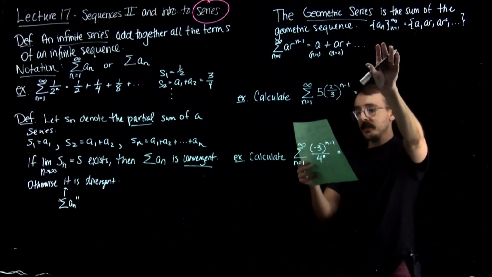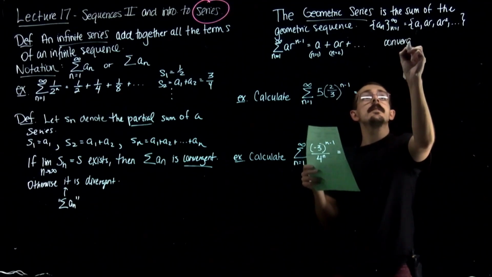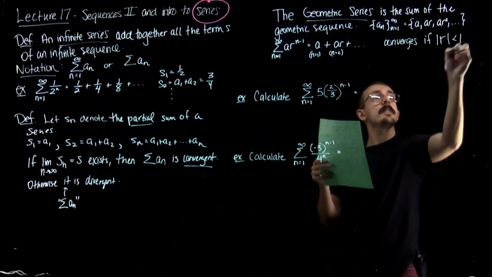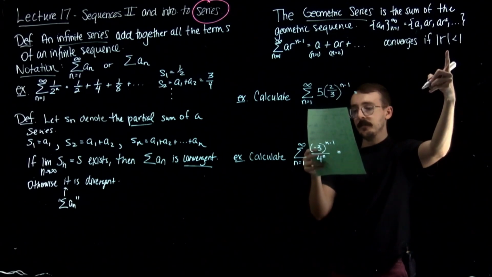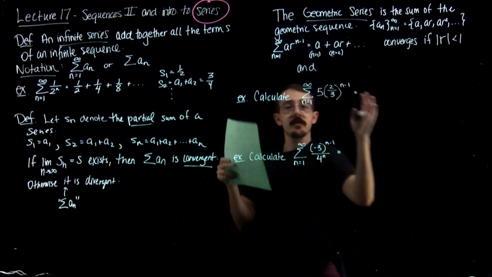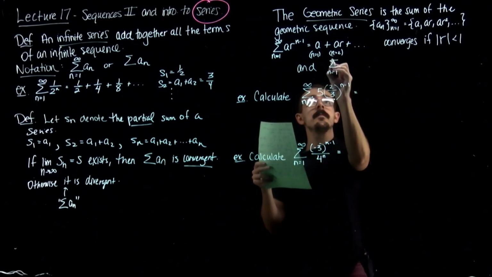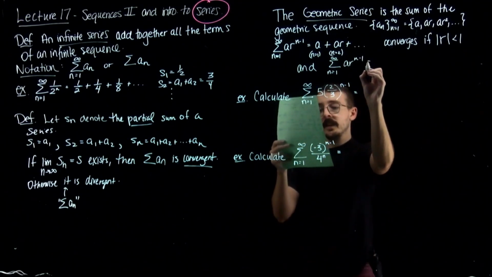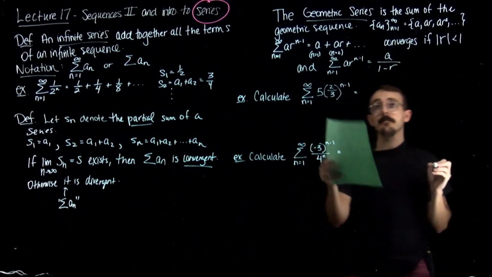And it turns out that this will converge if the absolute value of that r, the fixed r you're multiplying, is less than 1. And we have a formula for what it sums to. This sum, n equals 1 to infinity of a times r to the n minus 1, is equal to a over 1 minus r.